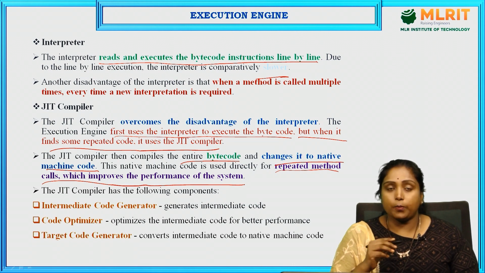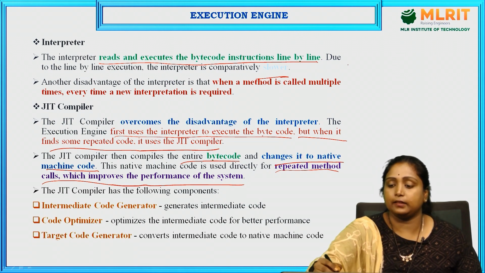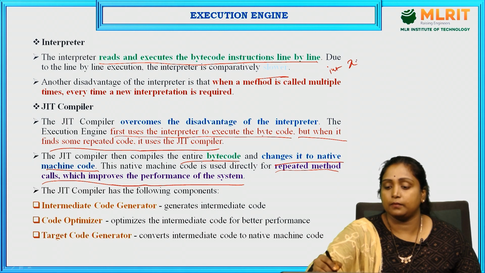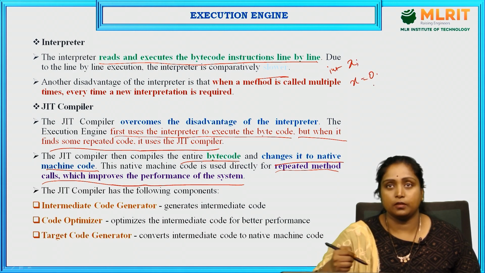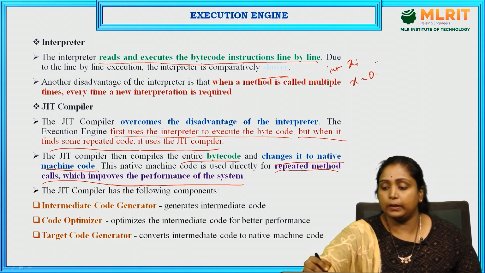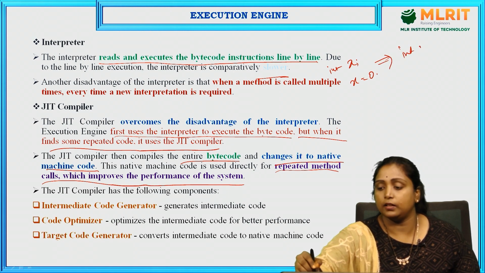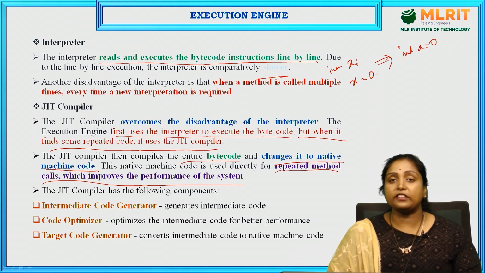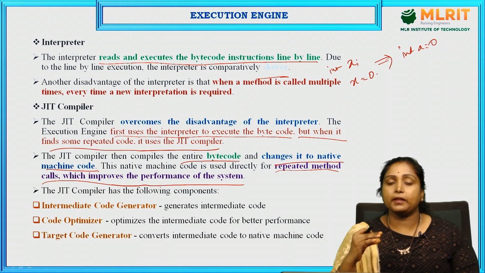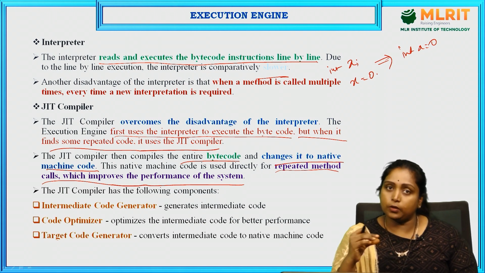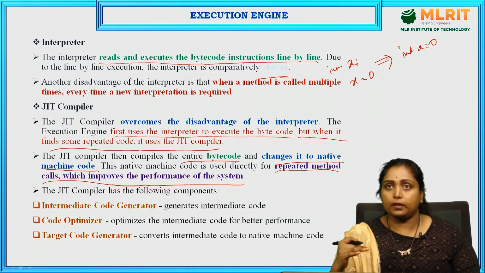For example, if I have int x; x = 0, it would be optimized to int x = 0. The two lines will be converted into one. Optimizing is nothing but reducing the code into an effective one.